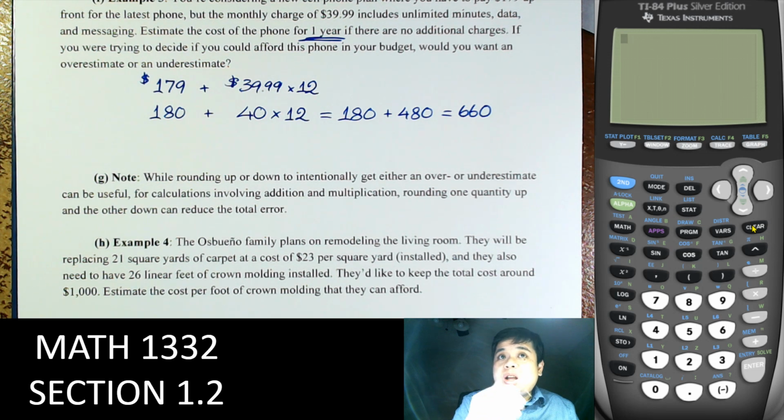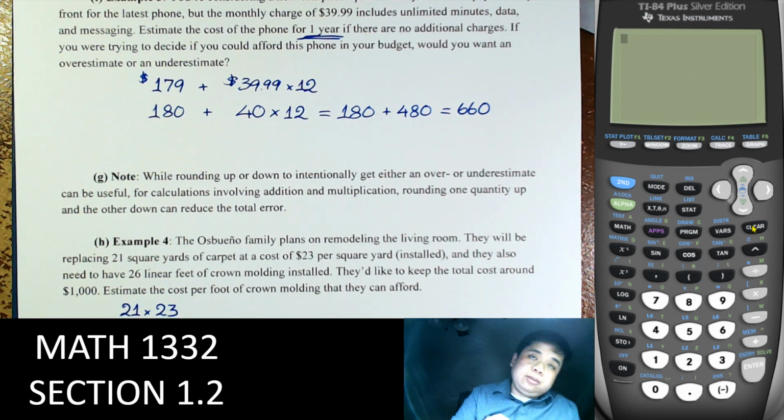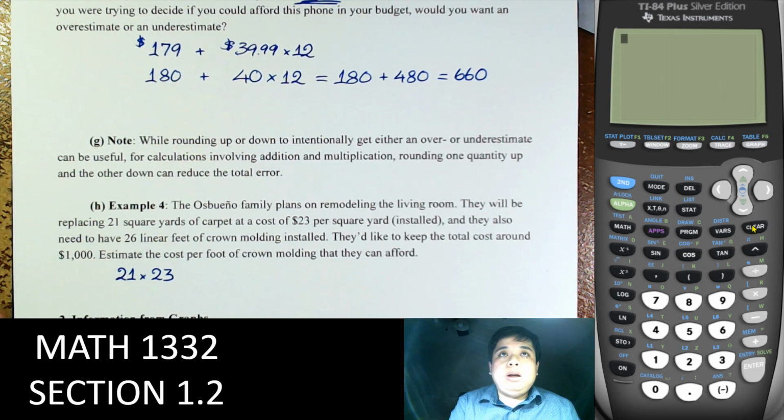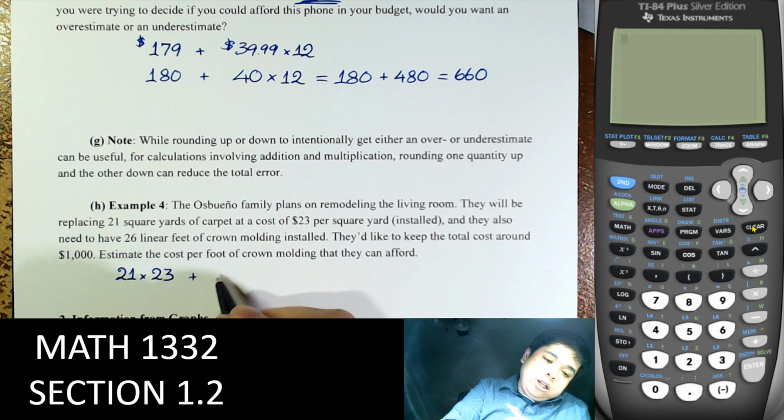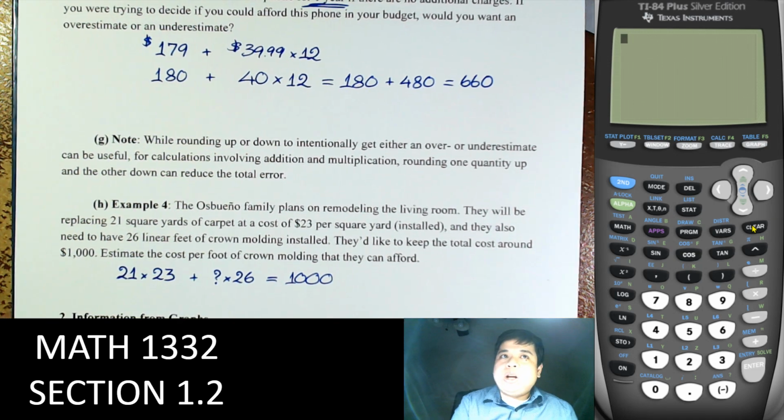All right, so we start with 21 square yards at $23 each, and then we add some dollar amount for 26 linear feet that has to add up to $1,000. Now we're going to estimate that question mark there.